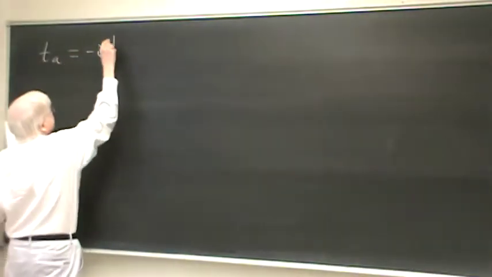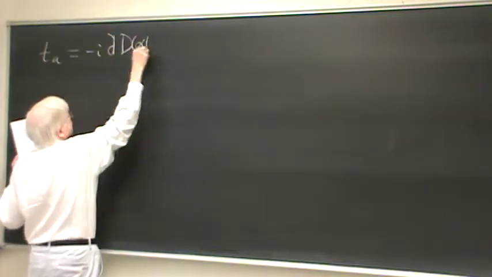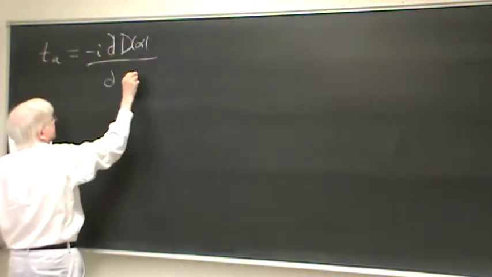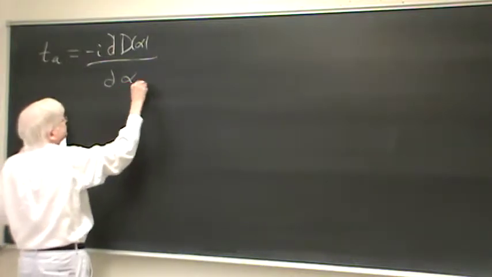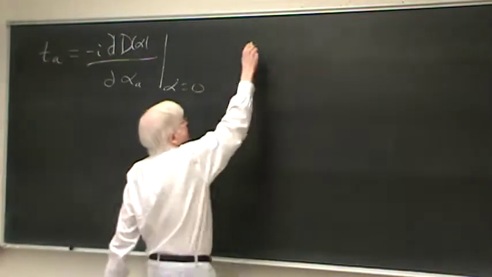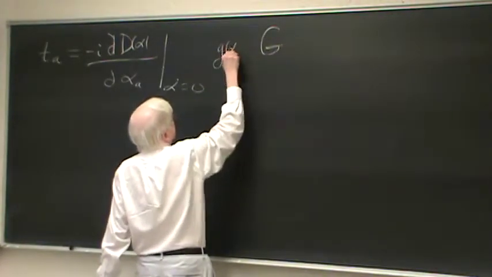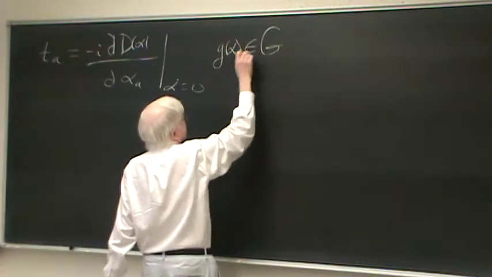So as I said last time, the generators of a representation are the partial derivatives. In other words, we have a group, G. There are elements of the group which we label by parameters.